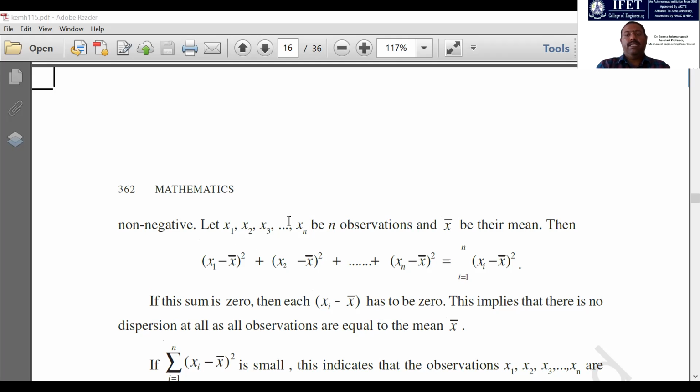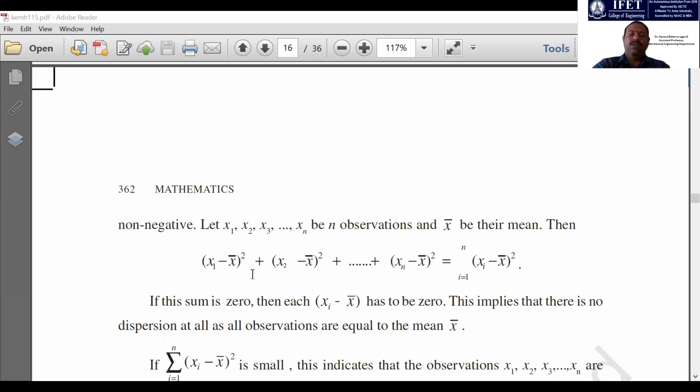And x bar, the mean value or average value that we are calculating, is usually represented as x over bar.